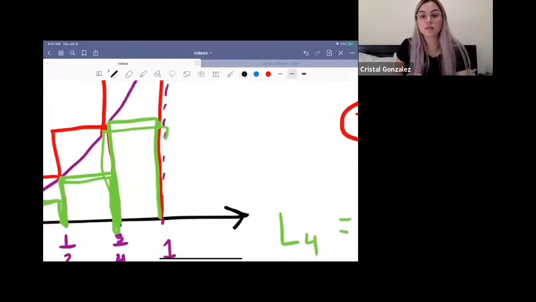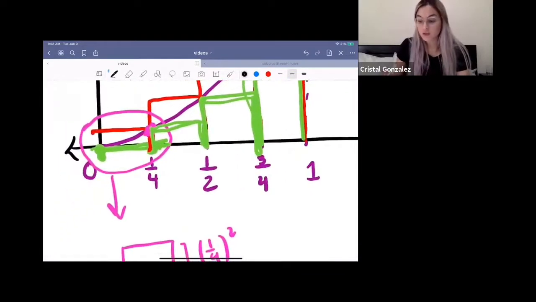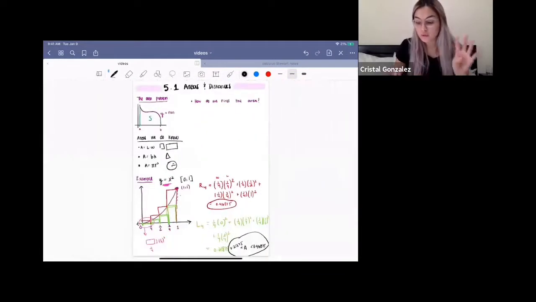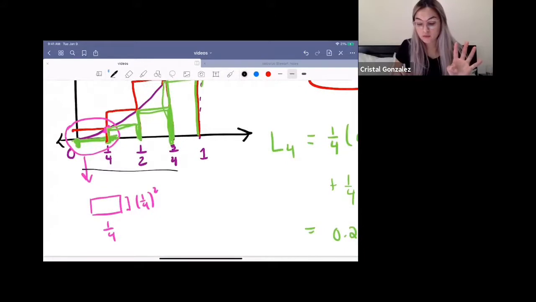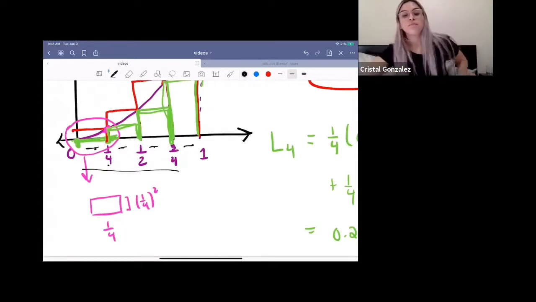For this example, we wanted 4 intervals, so we cut it into 4 pieces, which led to each rectangle being 1/4 in size. And this one was easy because our interval was between 0 to 1. So it's easy to tell what our width is going to be each time.